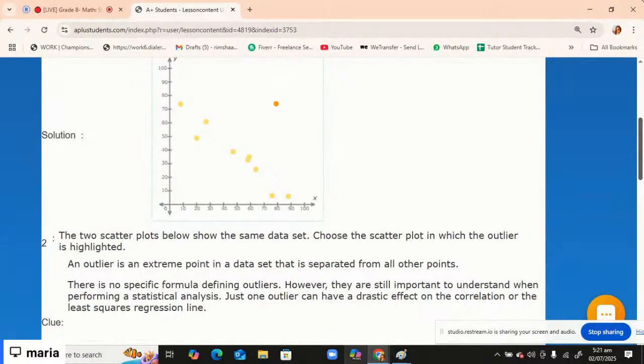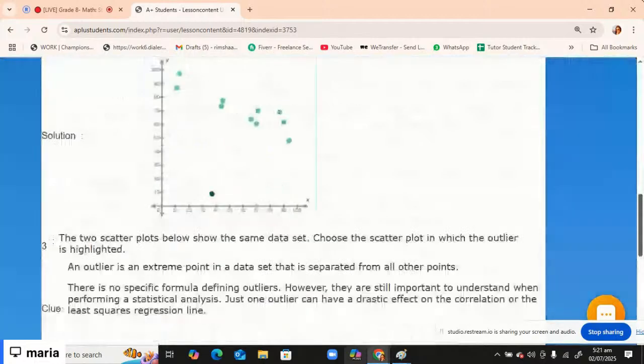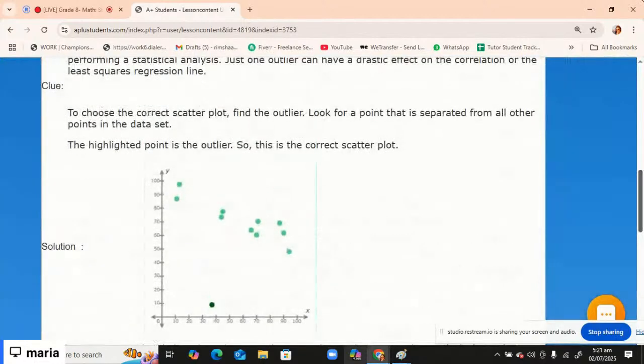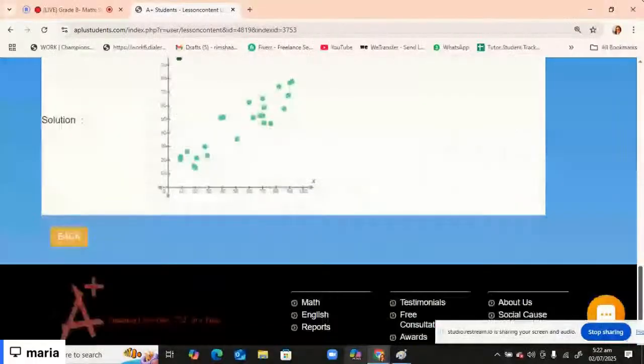This is some kind of correlation. Now from this one, look at the black point which is given. This shows the scatter plot is a weak correlation or something. So the black point shows the outlier. One point is highlighted in every case.